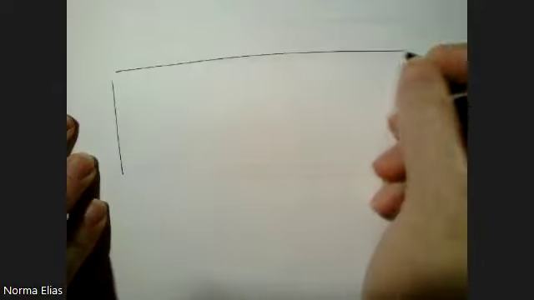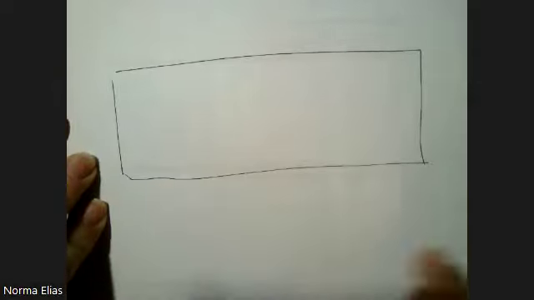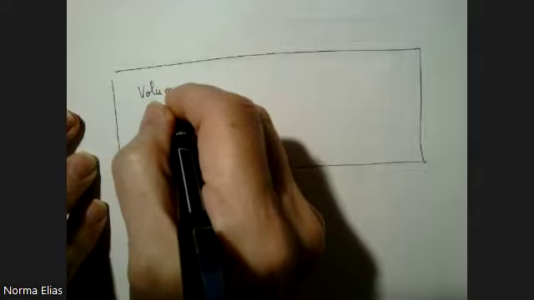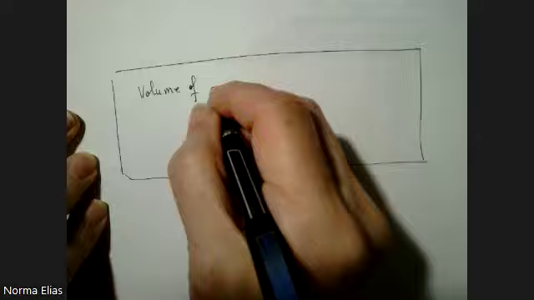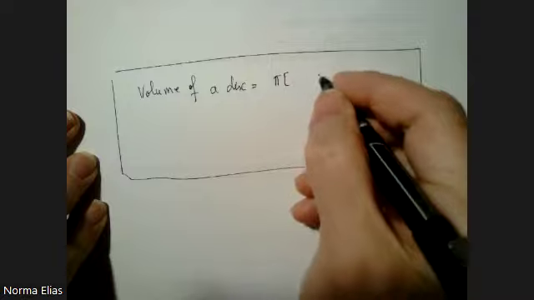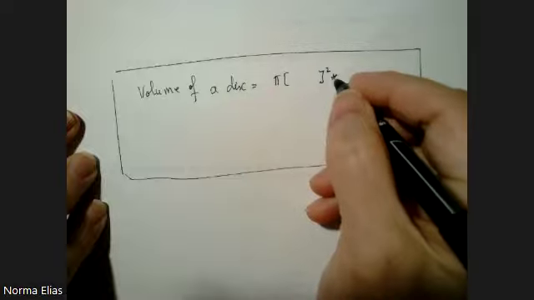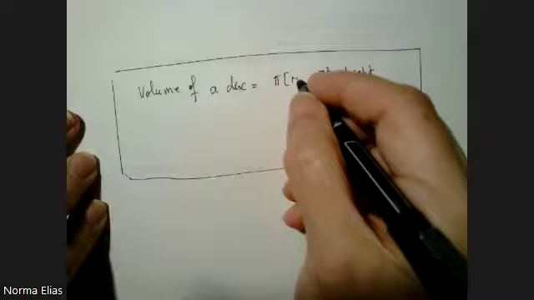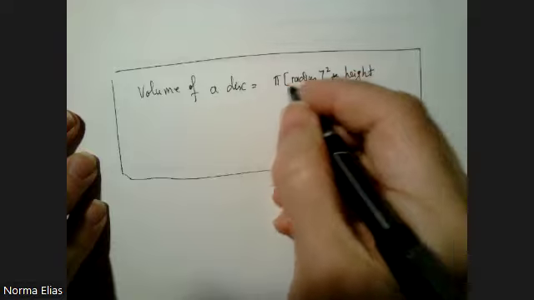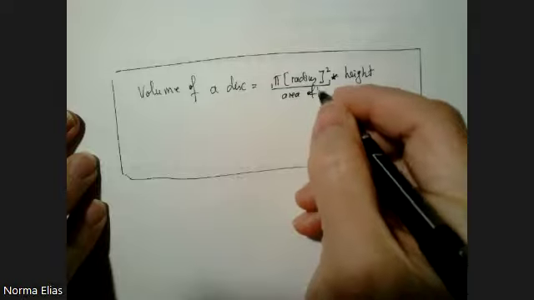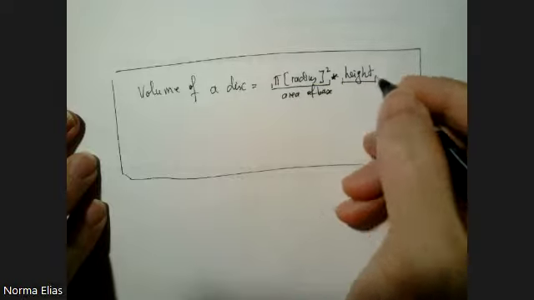So the two formulas that I want you to know, which are simple: volume of a disk, which is pi times the radius squared times the height, which will be the area of the base times the height.